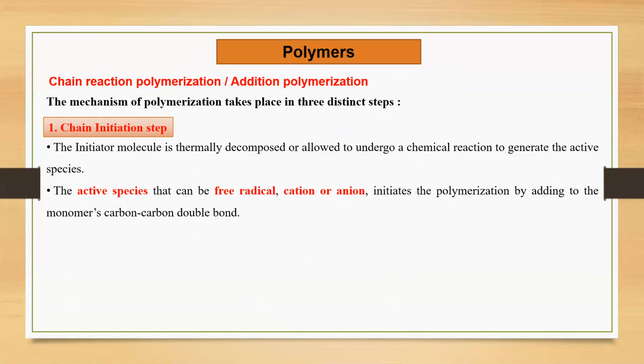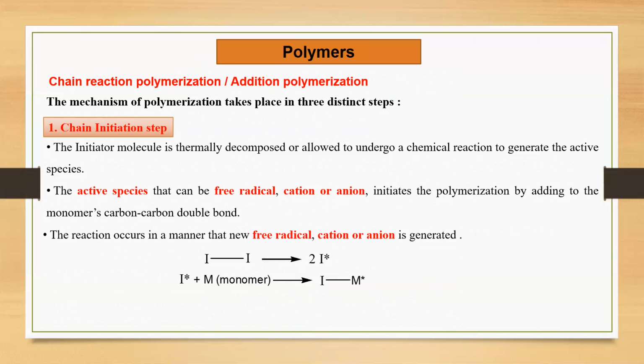This active species is generated via an initiator molecule. The initiator molecule gets thermally decomposed or undergoes a chemical reaction to generate the active species. As we can see, this is the initiator molecule. It undergoes homolytic fission to generate the active species.